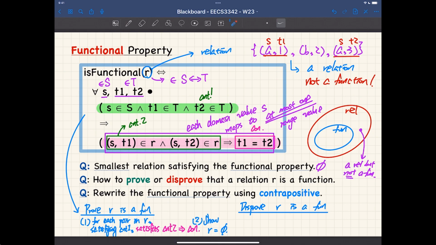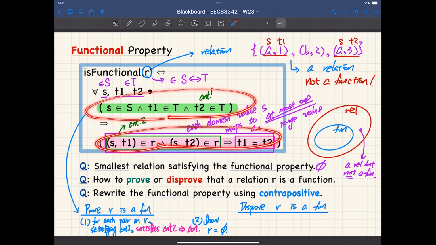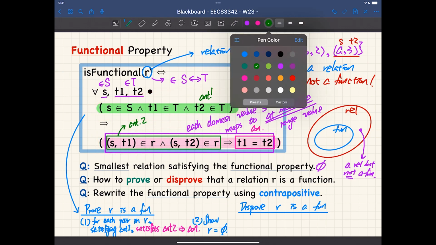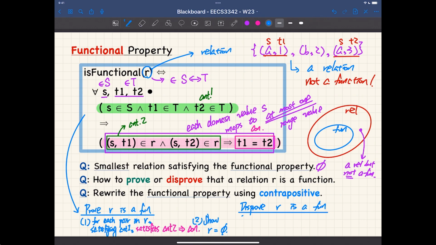Alrighty, so now how do we disprove that R is a function? Okay, let's go very quickly. So this one here, there's only one way, right? You want to find that there's some pair over there, however, it will violate this particular property. Let me write it down first. The only way is, first of all, you want to make sure R is not empty.